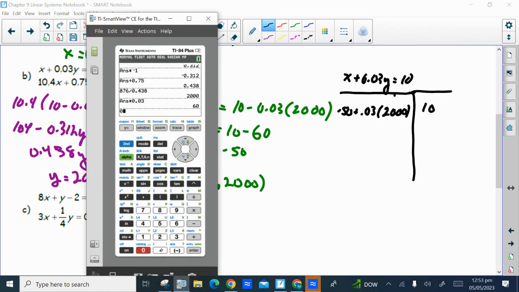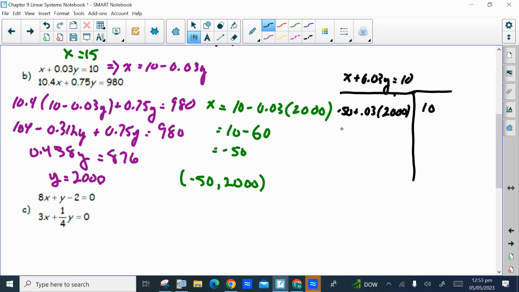So 0.03 times 2,000 is 60. So it's negative 50 plus 60, which does equal 10. So that one works. We need to check the second equation as well, though.